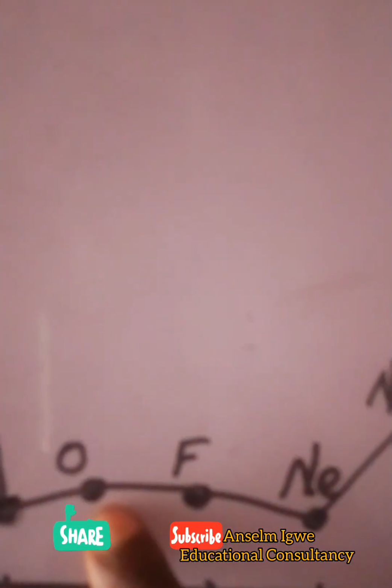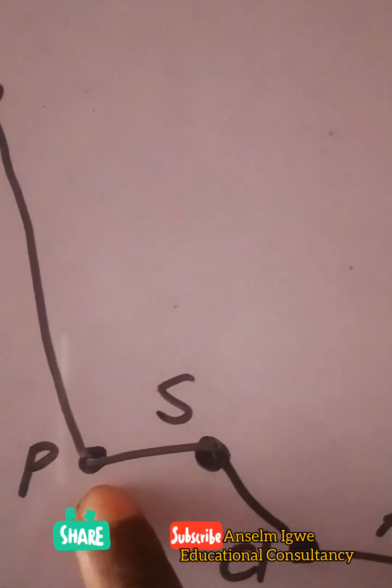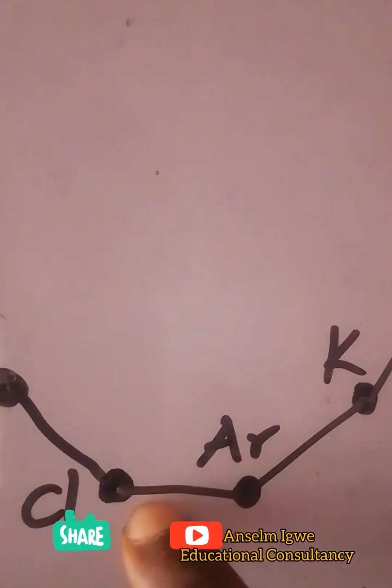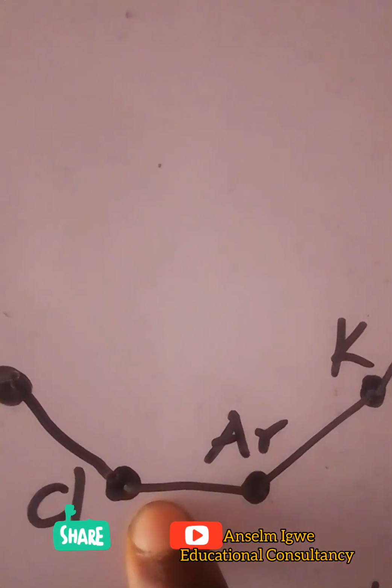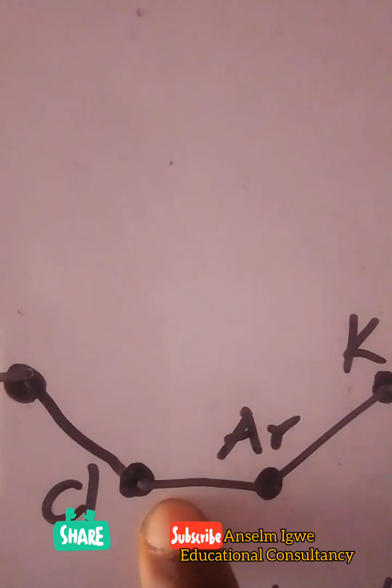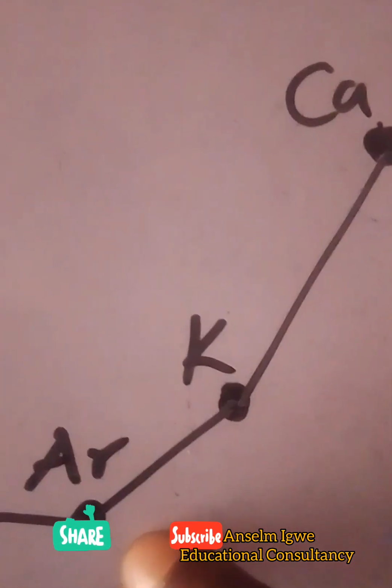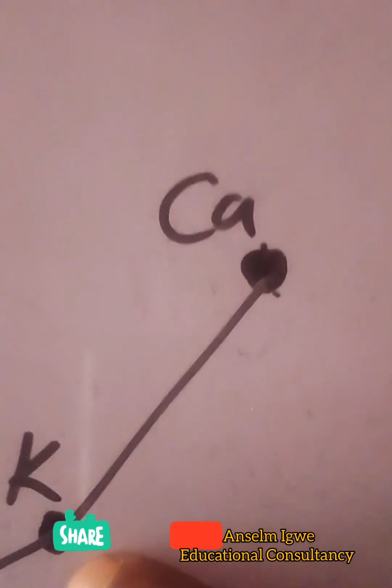It comes down, gradually increases to group 6. It does almost the same pattern here, group 6 sulfur. Then it decreases gradually to group 7, where we have chlorine. Then group 8, argon. Then group 1, it starts to increase again. Group 2, which means group 3 will also increase, and a surge in group 4 again.